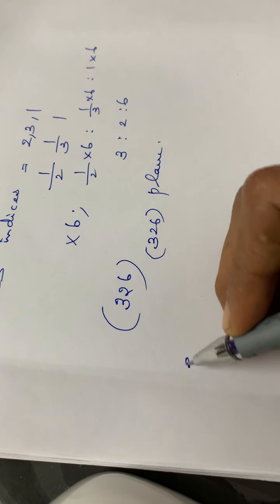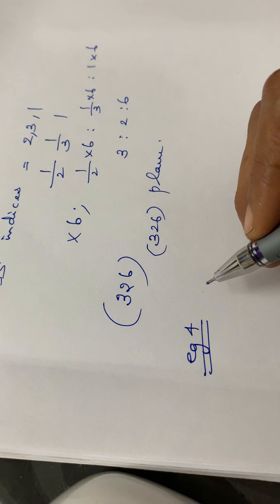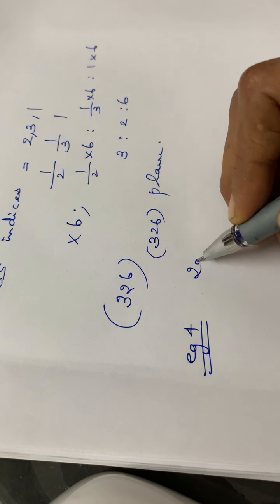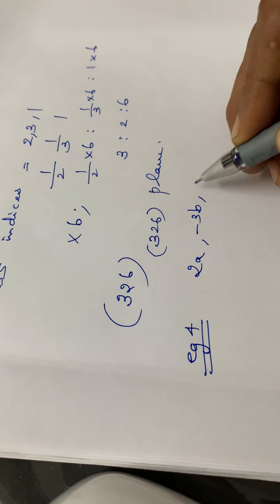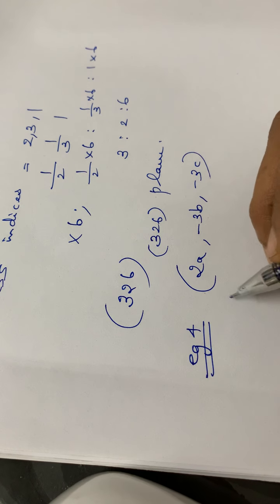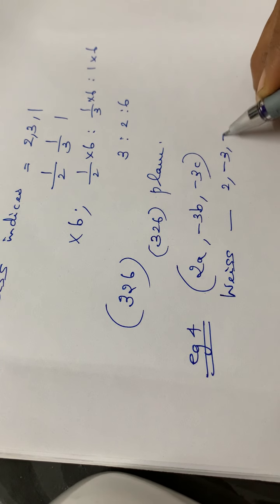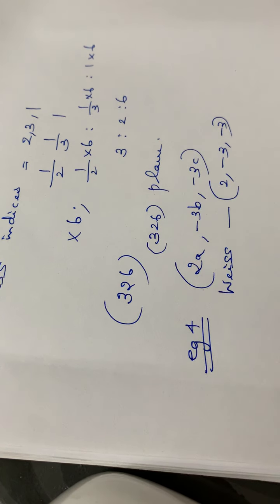Example 4, another question given in your textbook, that is 2A, minus 3B, minus 3C. So the Weiss indices will be 2, minus 3, minus 3.